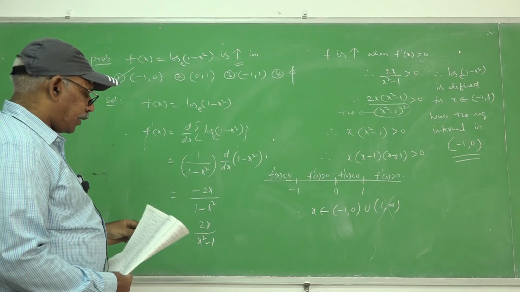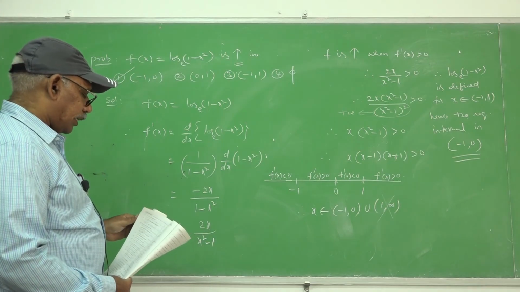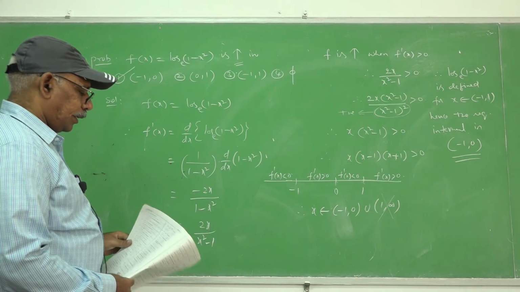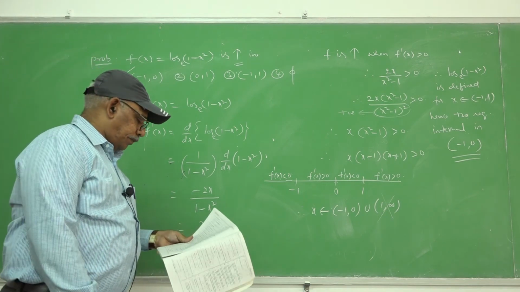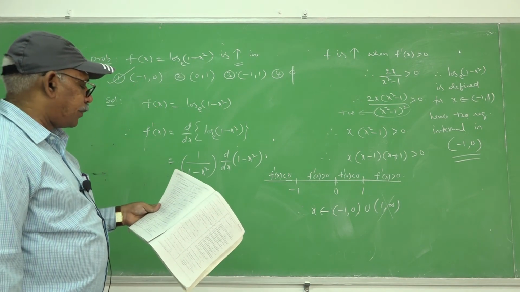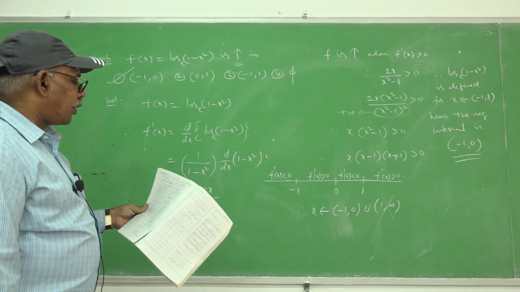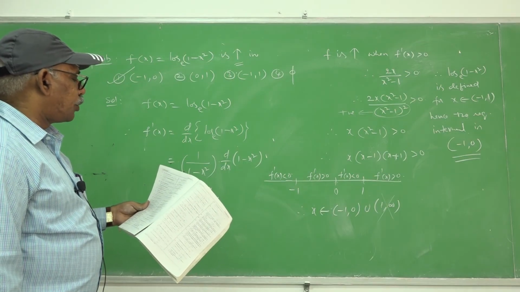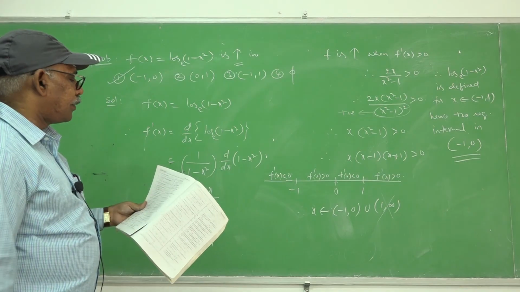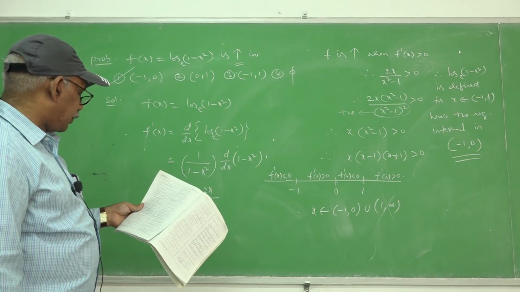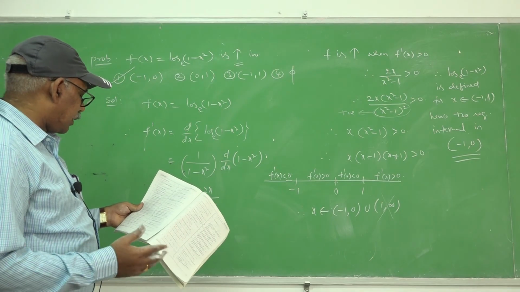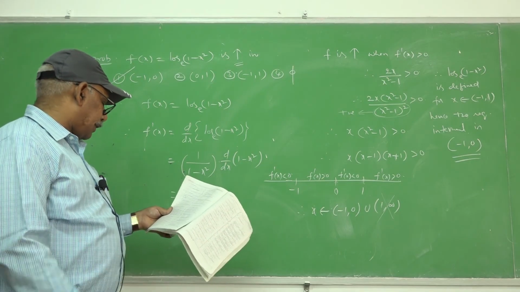At every moment, we have to consider the domain of the function, for what values of x the function is defined. That should be observed. Beyond the domain of the function, we should not discuss the nature of the function. Within the domain of the function only, we have to discuss the nature of the function, the monotonic nature of the function.